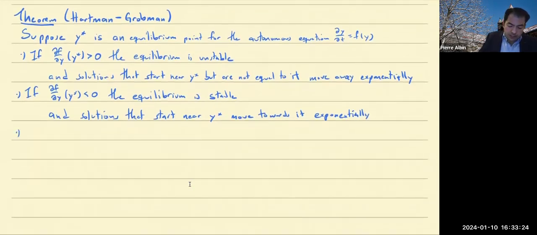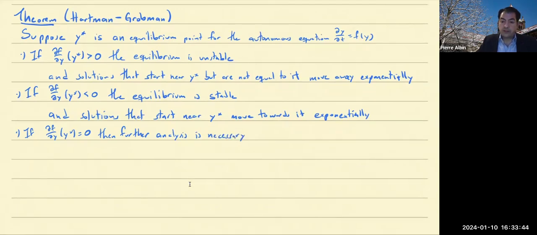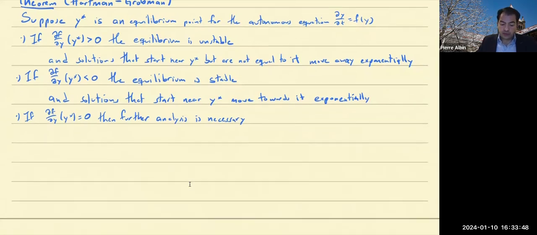The third possibility, right, if df dy at y star is 0, then the theorem tells us nothing. So we'll just write then further analysis is necessary.